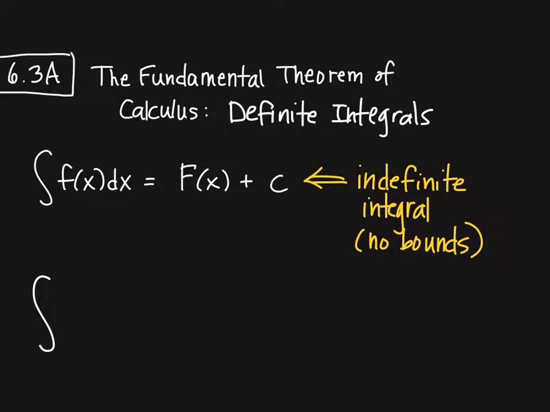What we are doing now has an a and a b on it. So when you add the a and the b, our notation is capital F of x plus c.